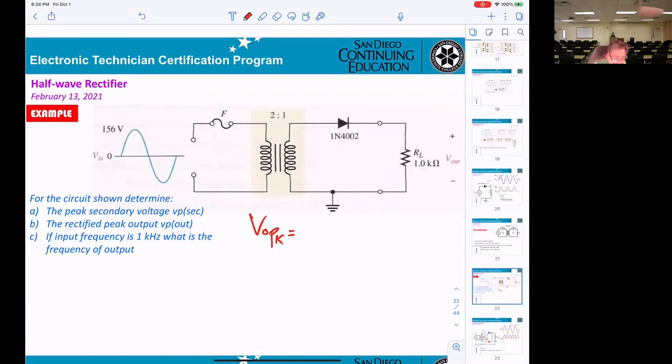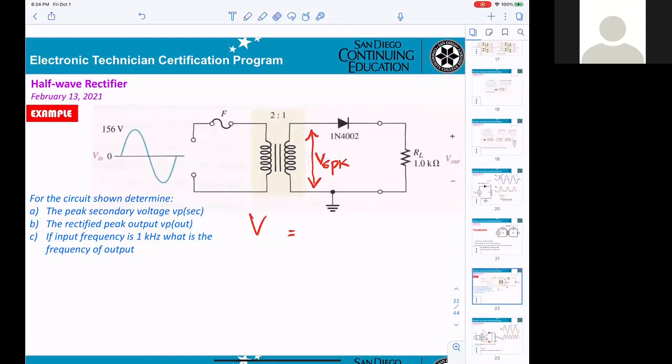This is the V peak right here, V secondary. And that's 78, right.